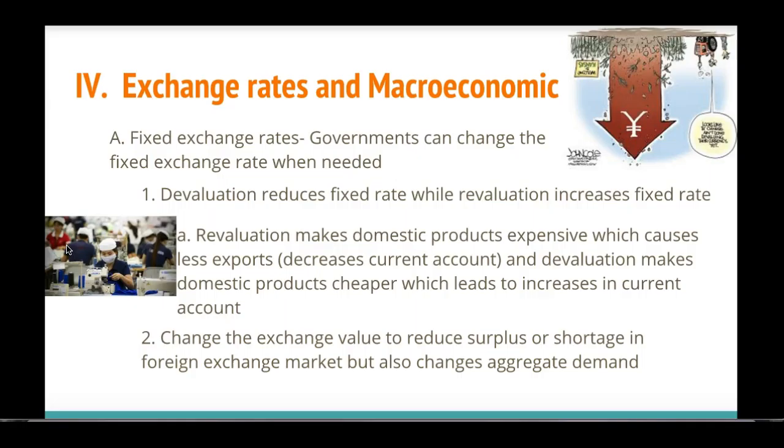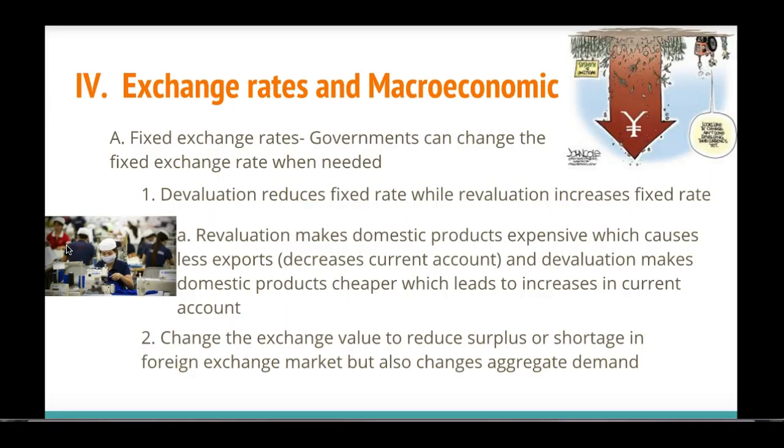So, for example, if we have exports and imports, we are going to change the exports and imports. Remember, aggregate demand also includes consumer spending, investment spending, government spending, and the one that we haven't really talked about a whole lot, net exports.